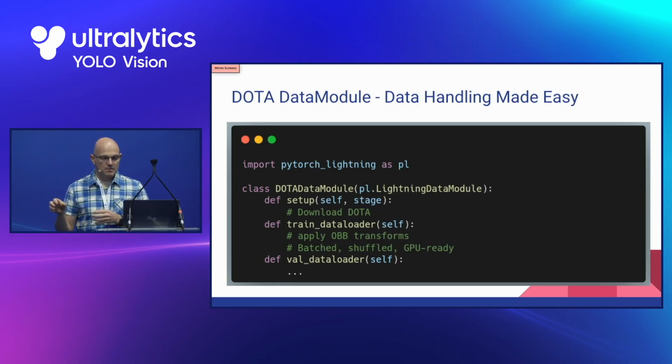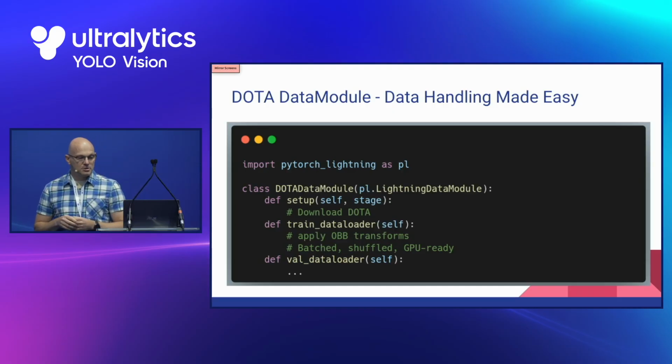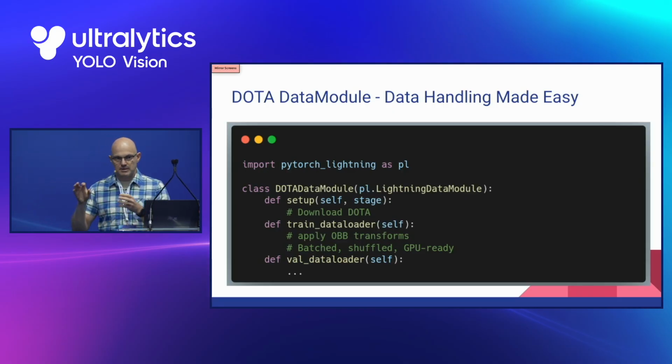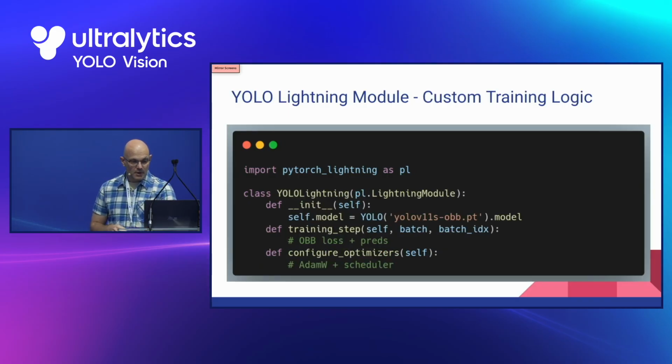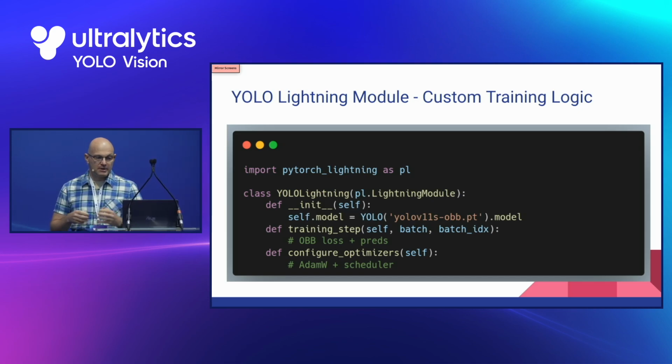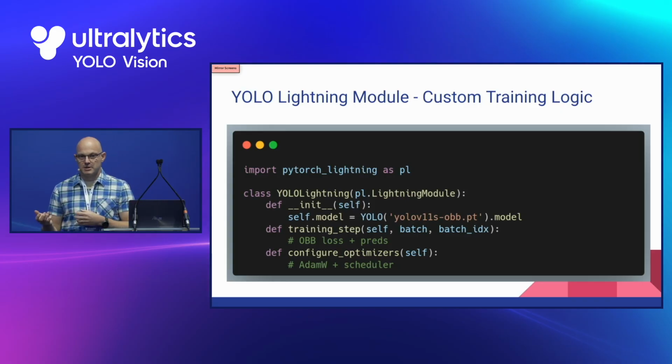In the end it gives you batch data, shuffled and GPU ready, TPU ready, or ready for whatever device the training loop is running on. Then the Lightning model encapsulates the YOLO model inside. You need to define the training step, the validation step, and configure the optimizer or scheduler if needed.